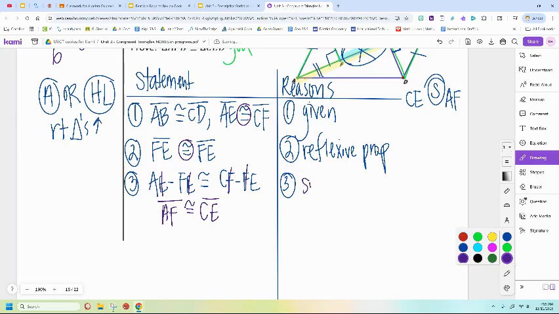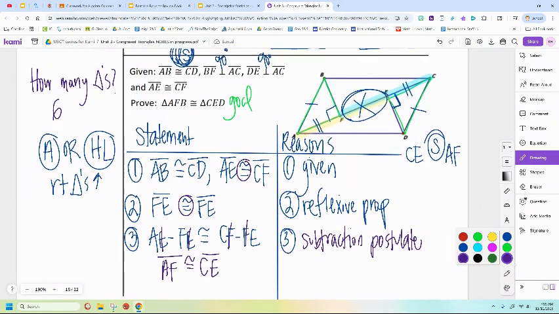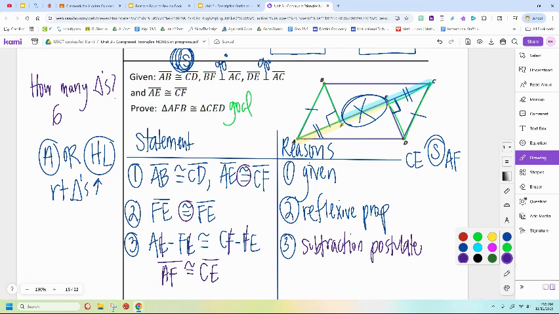And that is the subtraction postulate. So before we go farther, make sure you're happy with that. Okay. AF is congruent to CE.